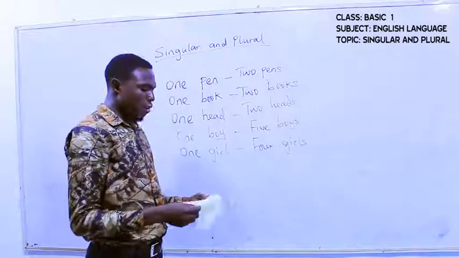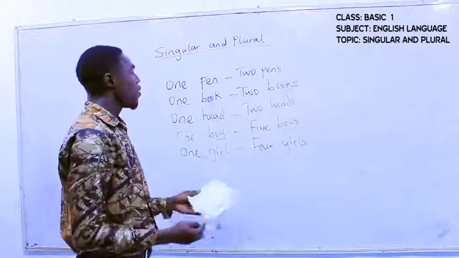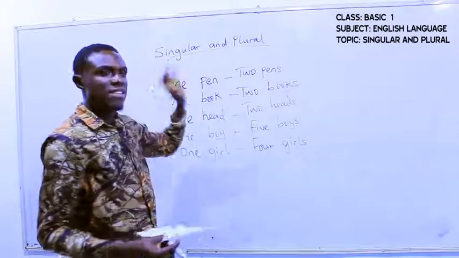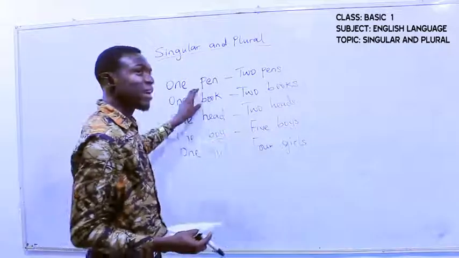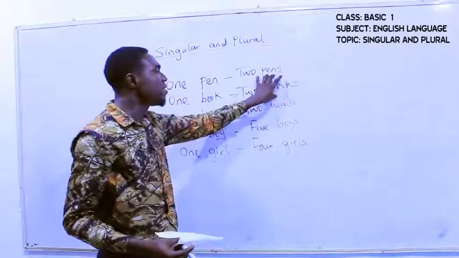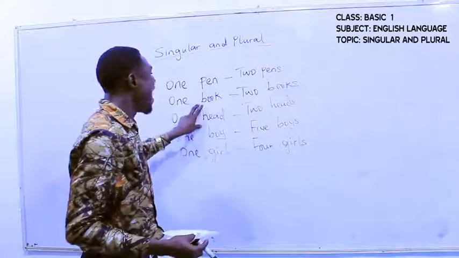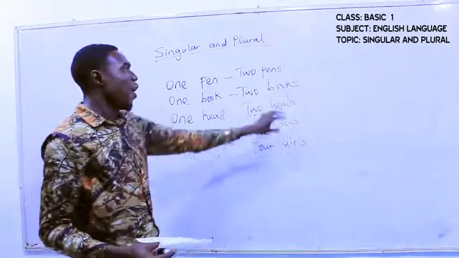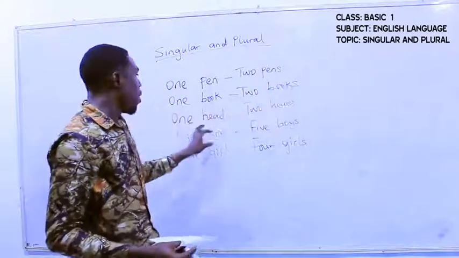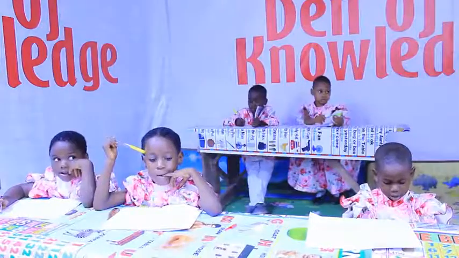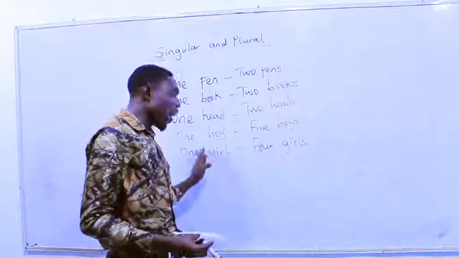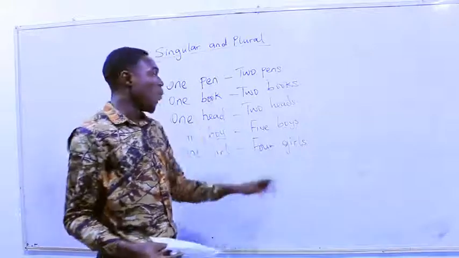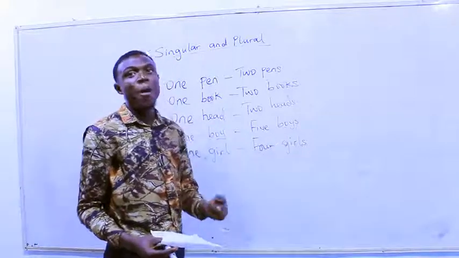That means if you want to say it again, we'll say pen is singular. Pens are plural. Book is singular. Books are plural. Head is singular. Heads are plural. Boy is singular. Boys are plural. Girl is singular, while girls are plural.